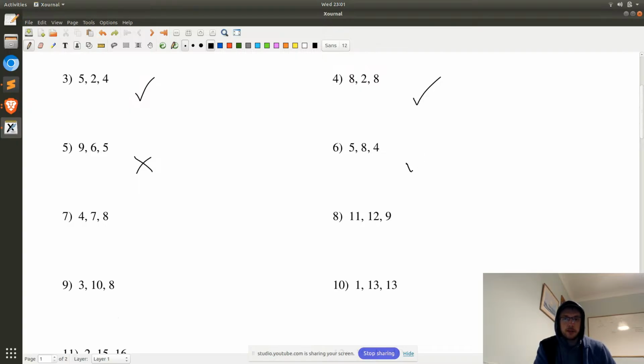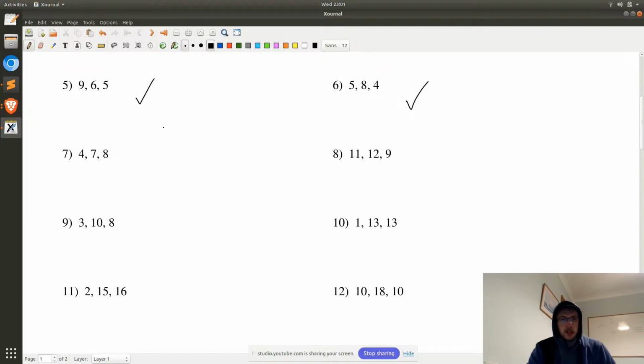That's perfectly possible. That's absolutely fine. And for this one here, this is absolutely fine as well. Appears to be a sort of error in thinking. So that's fine. That's fine. Fine. Good.